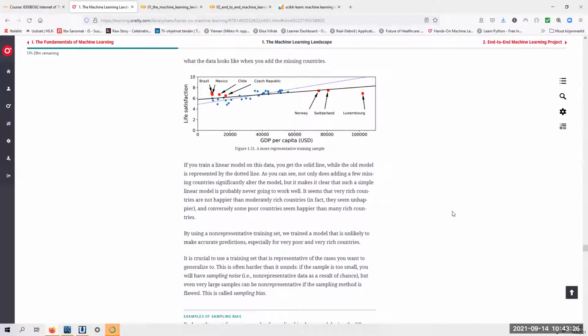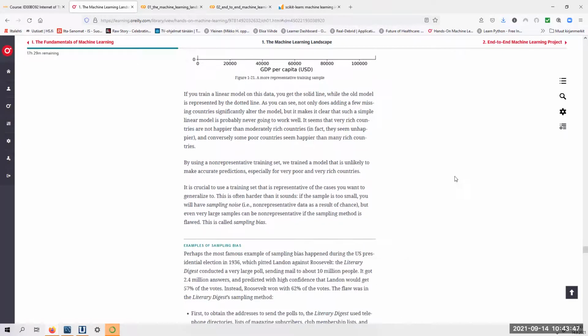So this is true for any data. You must have enough data, and the data must be representative of this problem. If you have some data missing, then you can get completely wrong results.